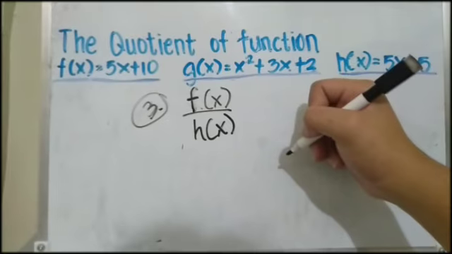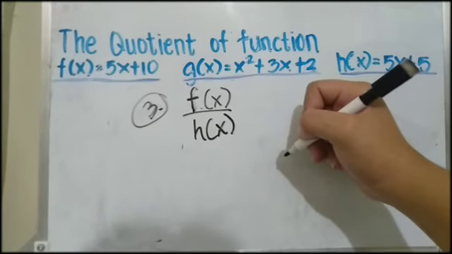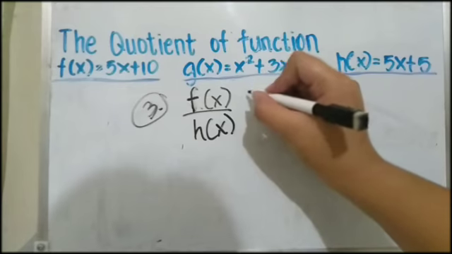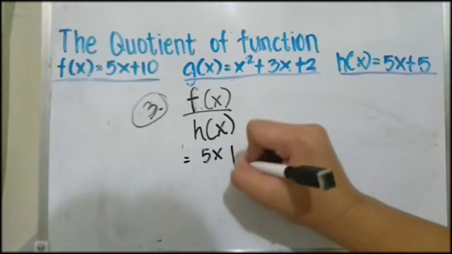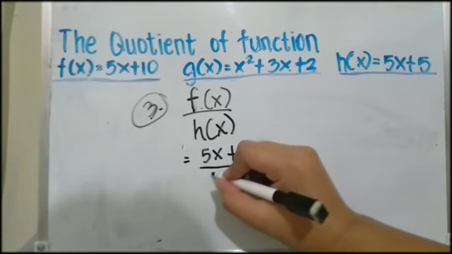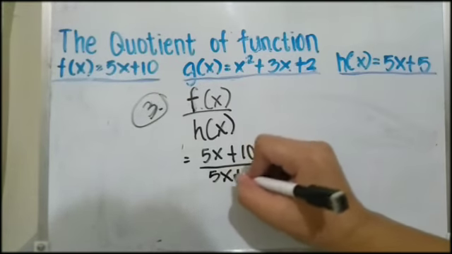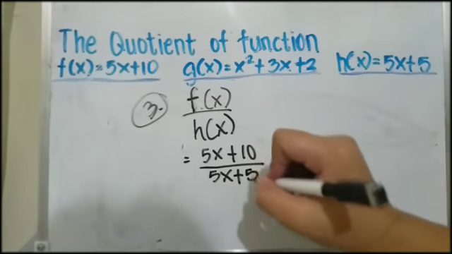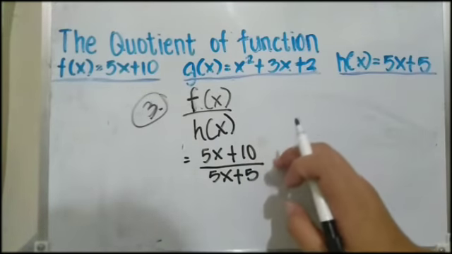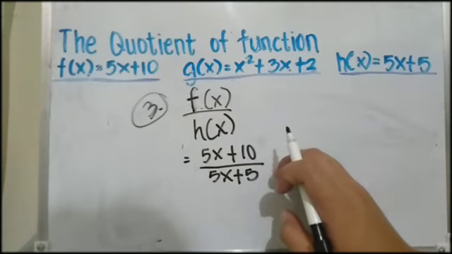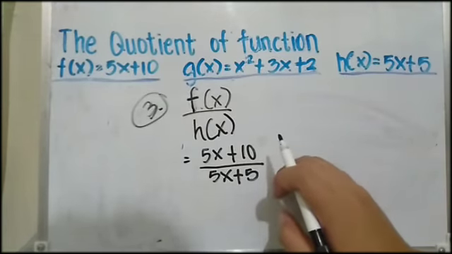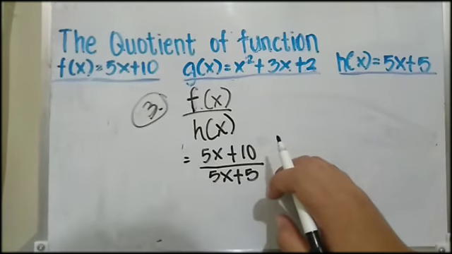So example number 3 is we are going to find the value of f(x) over h(x). The value of f(x) is 5x plus 10 over 5x plus 5. Both of these are polynomials, so we can find the factors of our numerator and denominator, same as we did in examples number 1 and 2.